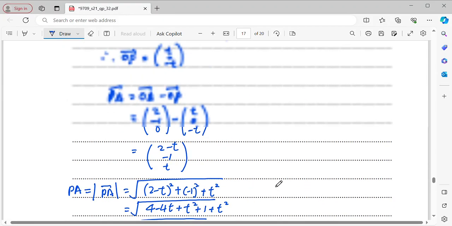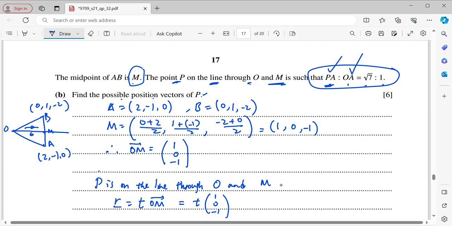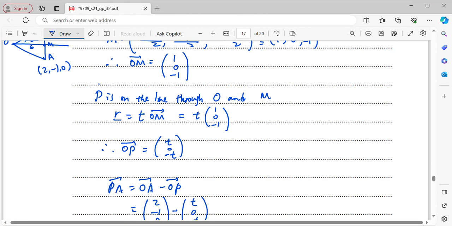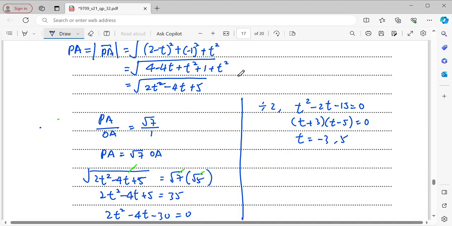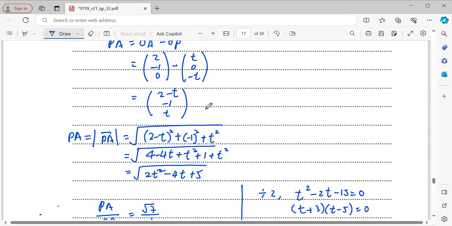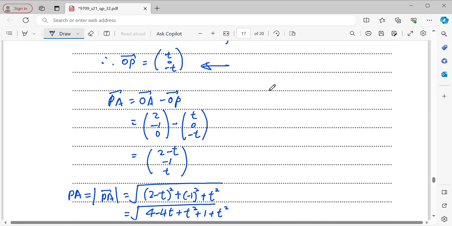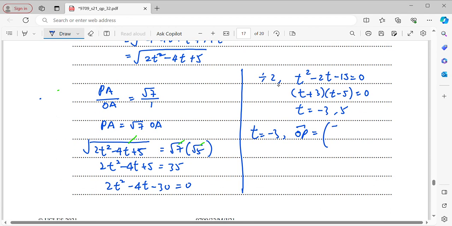Now, the question is asking for the position vectors of P. Therefore, OP is (t, 0, -t). When t equals -3, my OP is (-3, 0, 3).